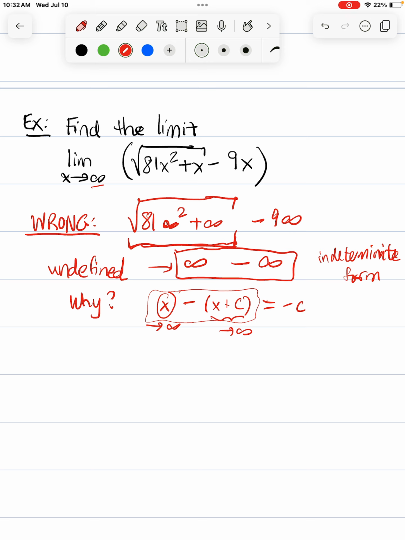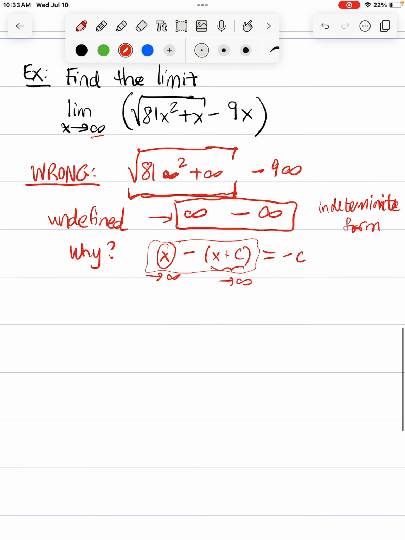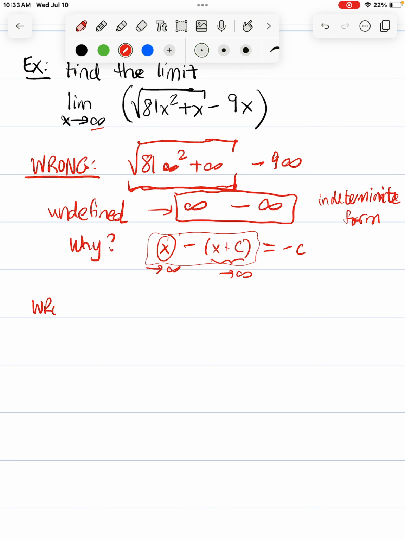But basically, the bottom line is when you have some function that is something minus something, and each of those terms is going to infinity, then you don't actually know what the limit is going to be by knowing that. So infinity minus infinity is not something that you can work with. That's why it's incorrect. Some students will say this is 0, some will say this is infinity. You can't tell what the limit is going to be. If you have infinity minus infinity, you have to do something else. Okay, let's look at another wrong approach.